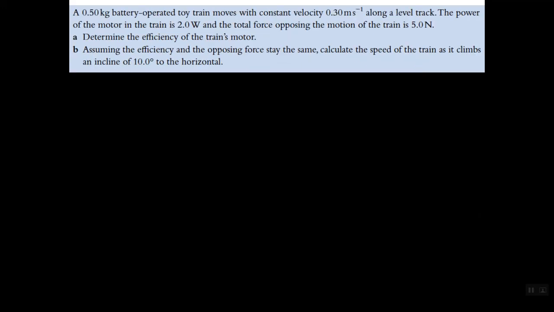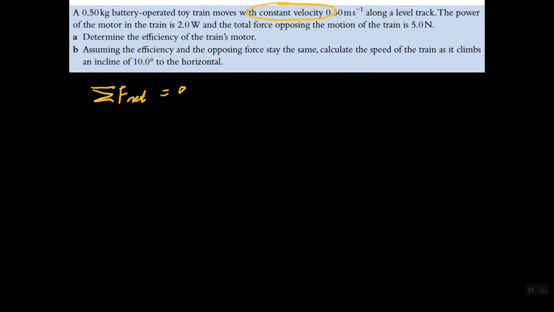A 0.5 kilogram battery operated toy train moves with a constant velocity of 0.3 meters per second along a level track. The power of the motor in the train is 2 watt and the total force opposing the motion of the train is 5 Newton. Determine the efficiency of the train's motor. So it's moving with constant velocity.